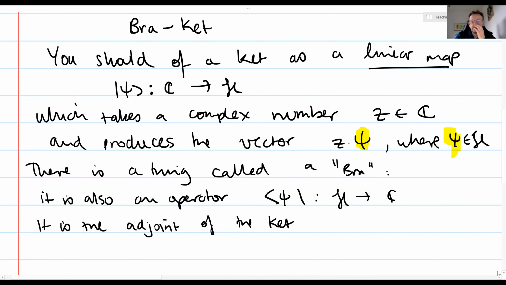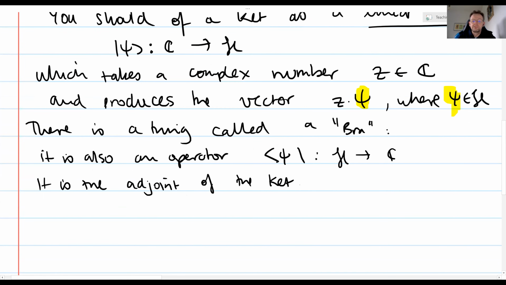What does that mean? It means every time you see a ket and you take its adjoint, which we introduced in the previous part, then it's really the bra.